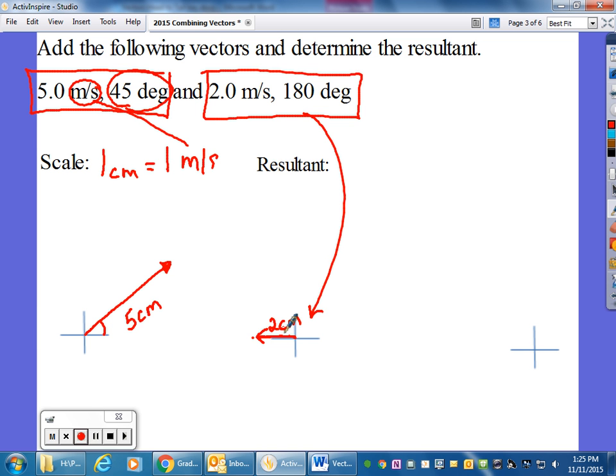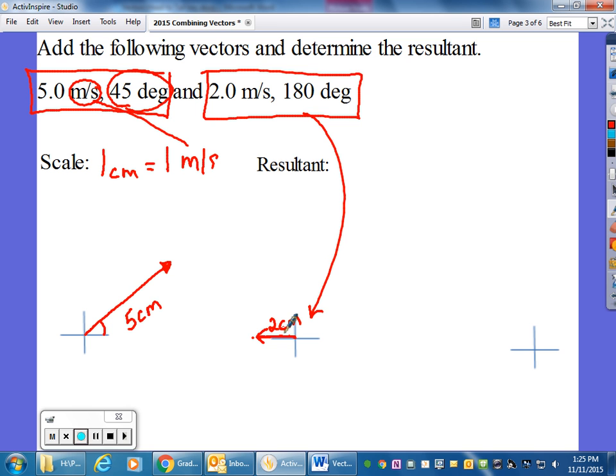So now I've got the 2 individual vectors drawn. Now I'm going to come over here to this third set of crosshairs, and I'm going to draw these 2 vectors connected to each other, head to tail method. I don't care which one you draw first, because if I draw this one first and then that one, they're going to end up being exactly in the same spot. And if you don't believe me, try it.